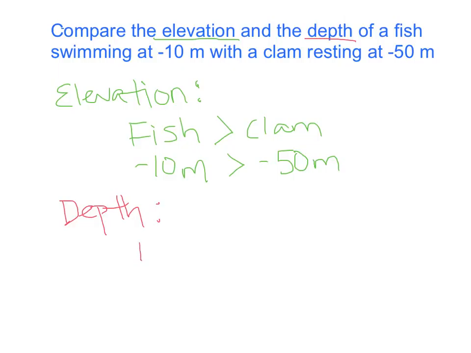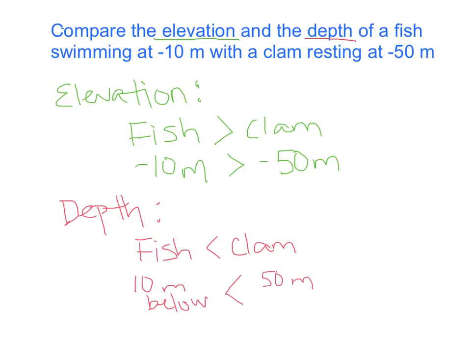So now the fish would be smaller than the clam. And we're only talking about the fish's depth because the fish's depth is 10 meters below the water, whereas the clam is 50 meters below the water. The depth of the clam is larger than the depth of the fish.